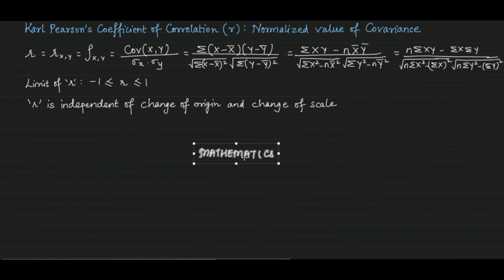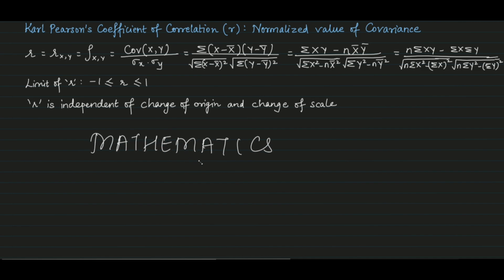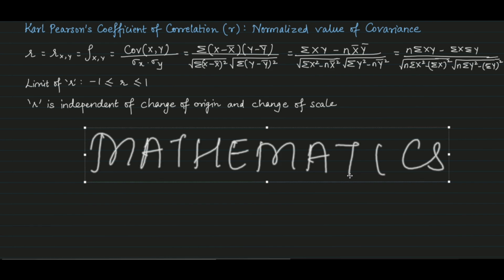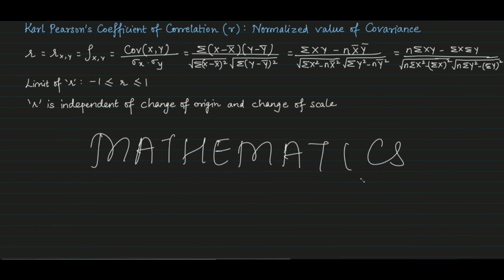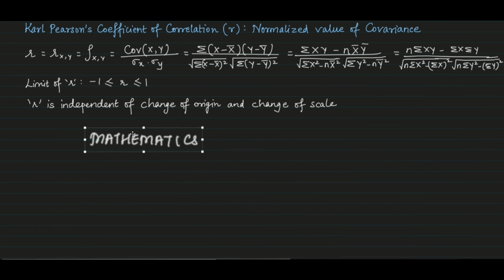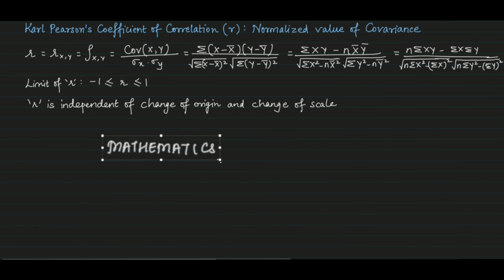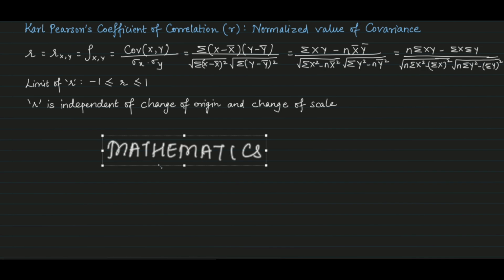Basically, when it comes to numbers, we just add a constant to all the observations or subtract a constant from all the observations. When it comes to scaling, all the observations are multiplied by a factor, or all the observations are divided by a factor. So when we just change the origin or change the scale, the value of r still remains the same.